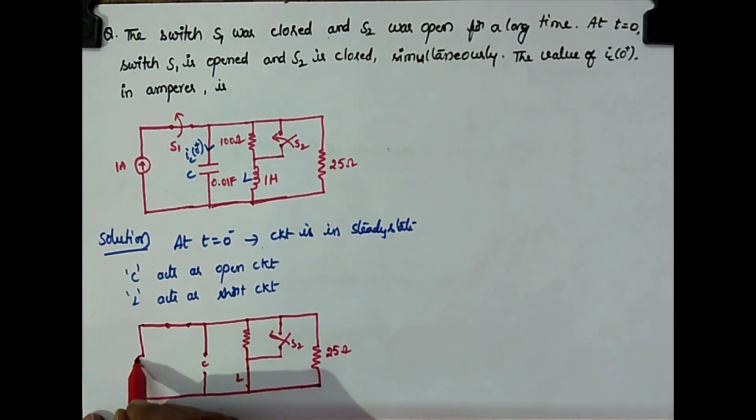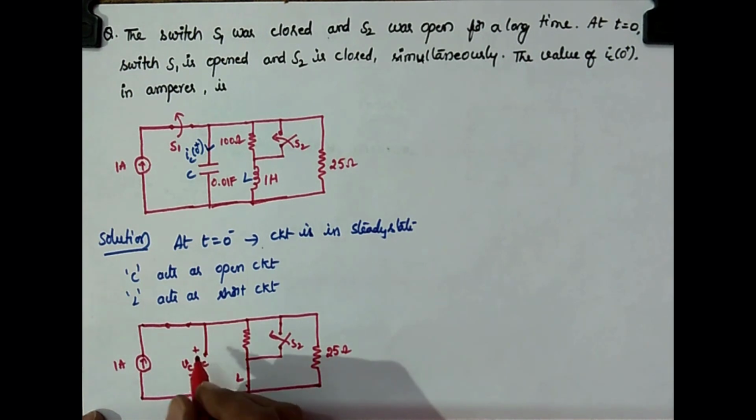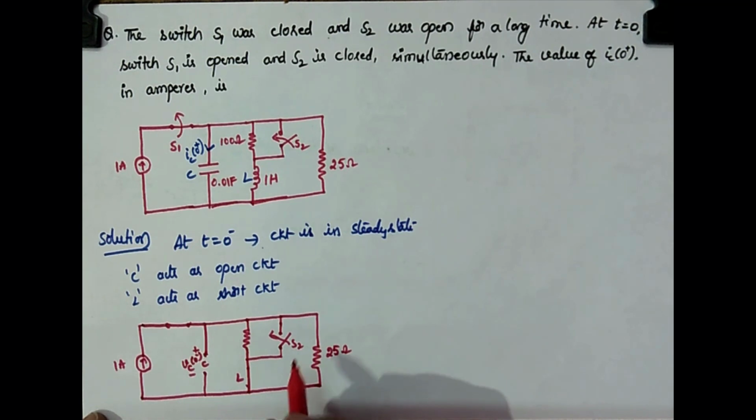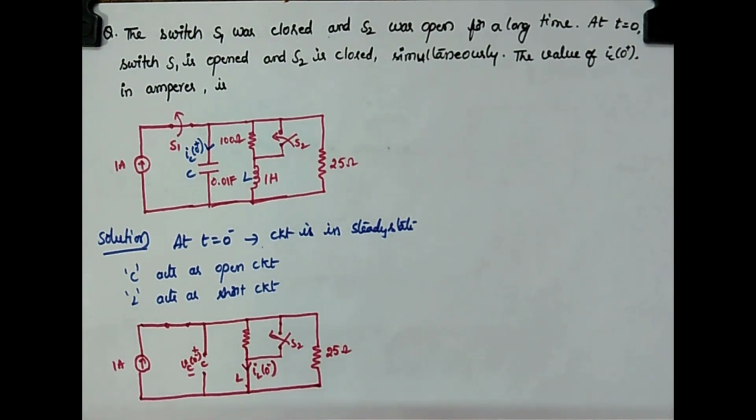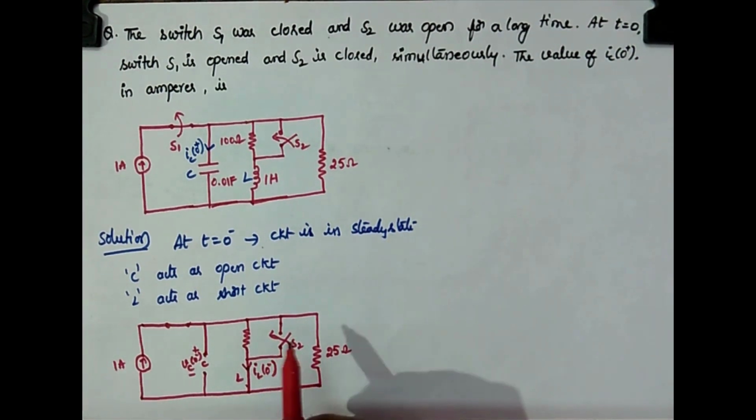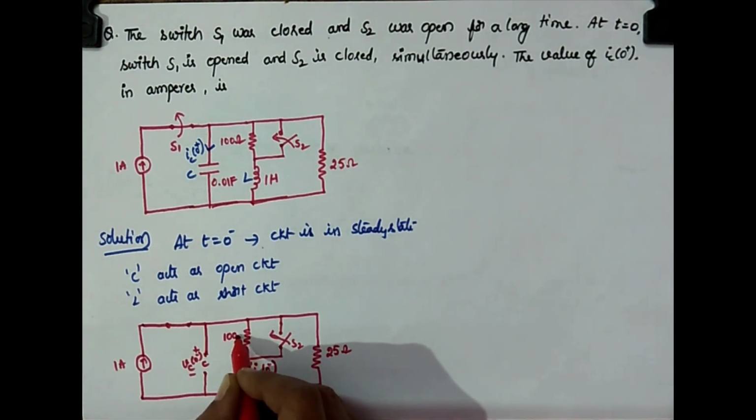Here is the current source of 1 ampere. Take the voltage across the capacitor as VC, that is VC(0-). Take the current through the inductor as IL, that is IL(0-), because the capacitor is open and the inductor is short at t = 0 minus. And this value is 100 ohms.